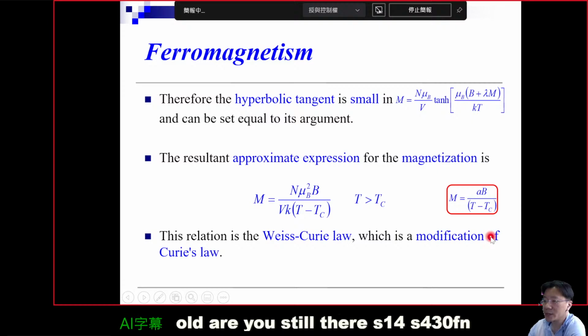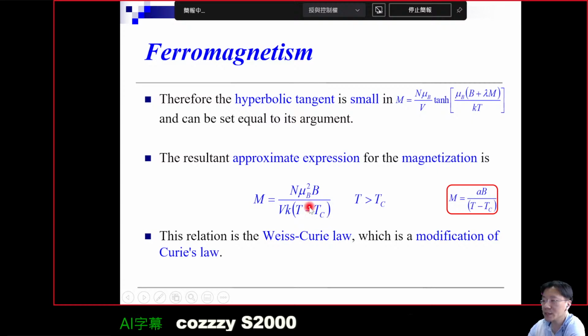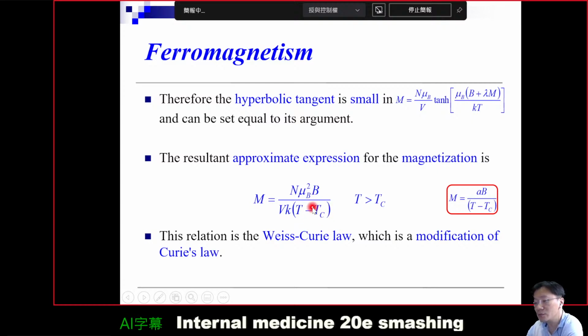This is the modification of the Curie law. In the Curie law, we don't have the Tc, but in this case we have the Tc because the internal magnetic field offsets the magnetization. The Tc represents the measurement of the internal magnetic field.